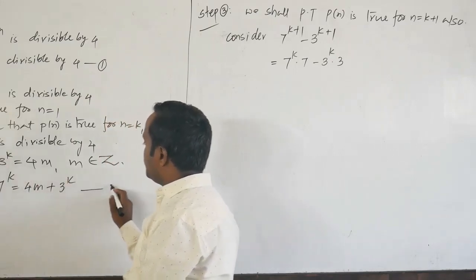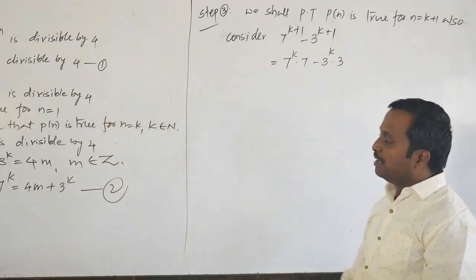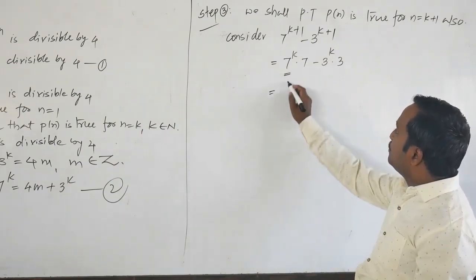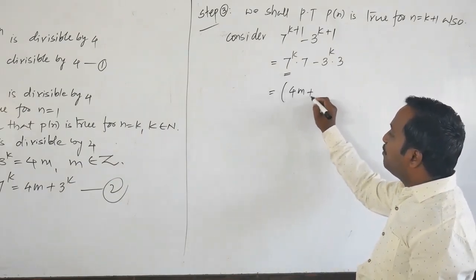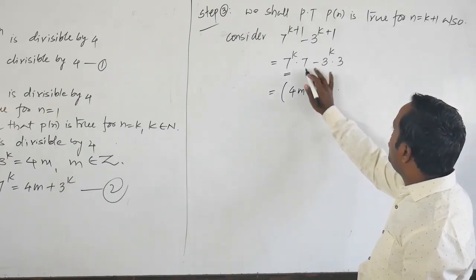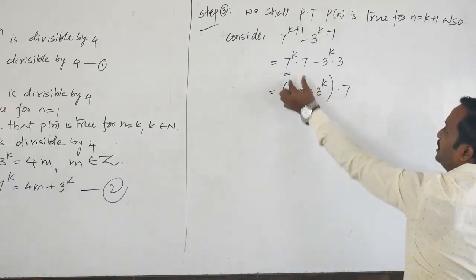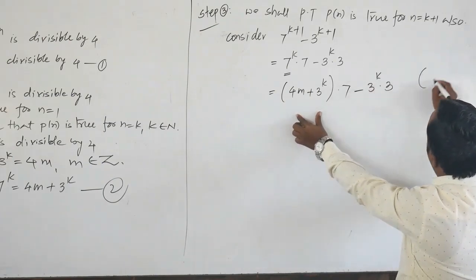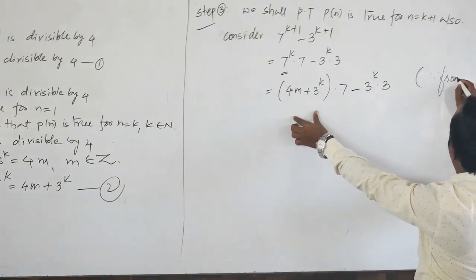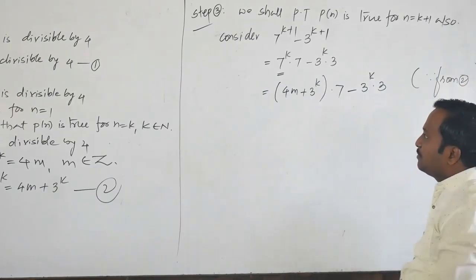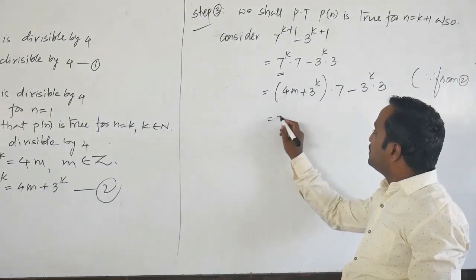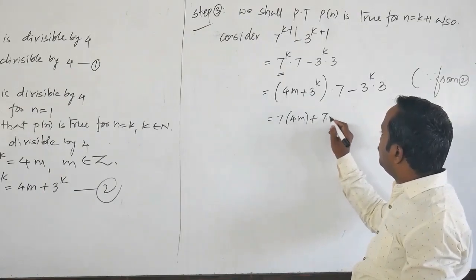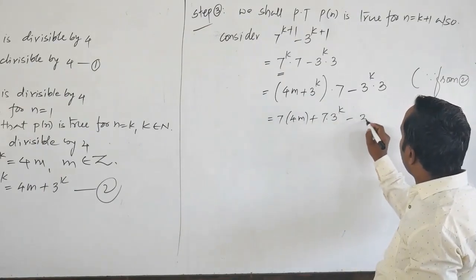Substitute that here and eliminate 7 raised to k. So it is nothing but 4m plus 3 raised to k, into 7, minus 3 raised to k into 3, because from 2 I have this step. So multiply 7 into 4m plus 7 into 3 raised to k minus 3 into 3 raised to k.